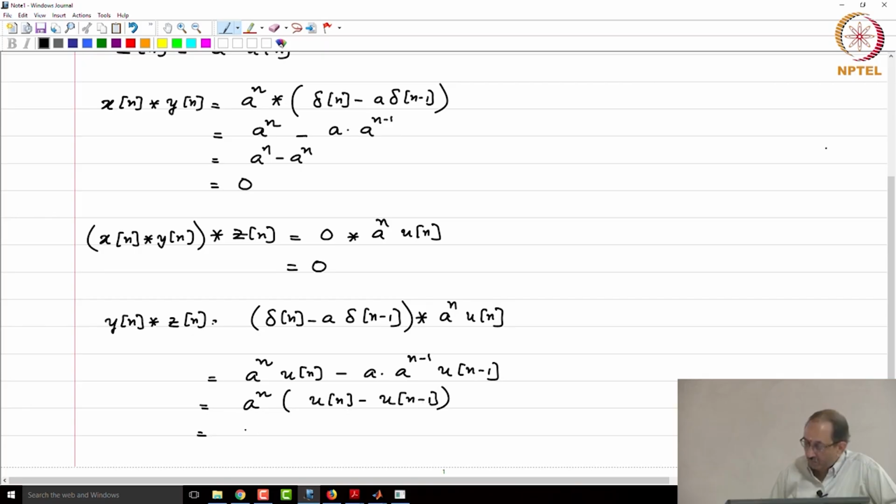U of n minus u of n minus 1 is delta of n, and a power n times delta n is delta n itself, because this picks out the sample at n equals 0, correct?